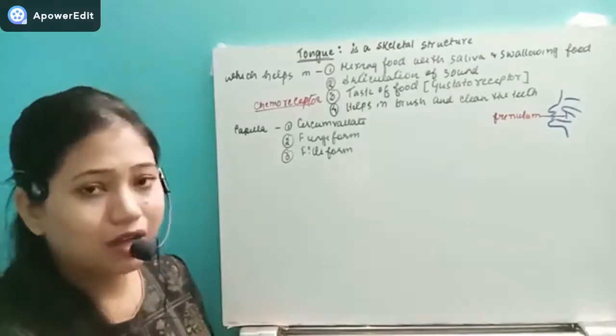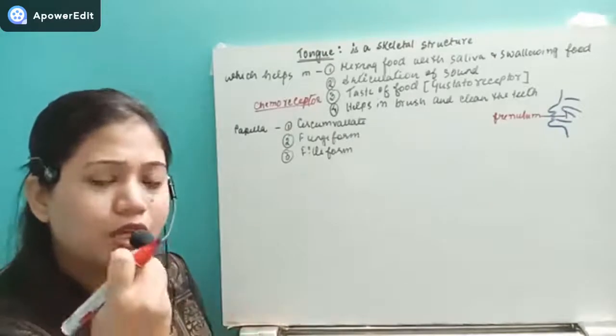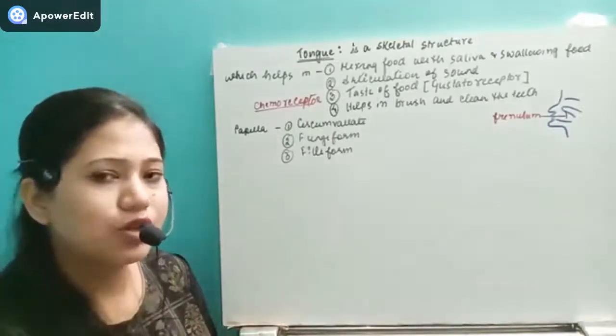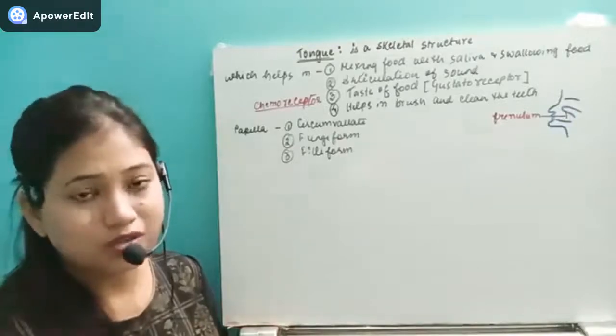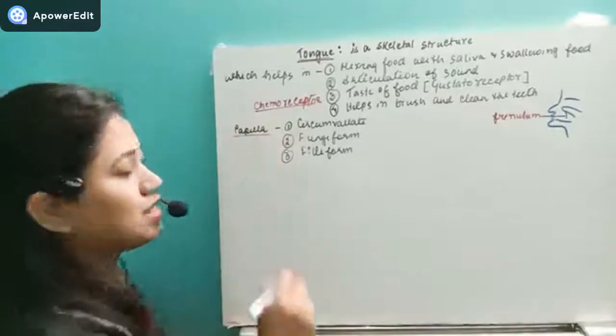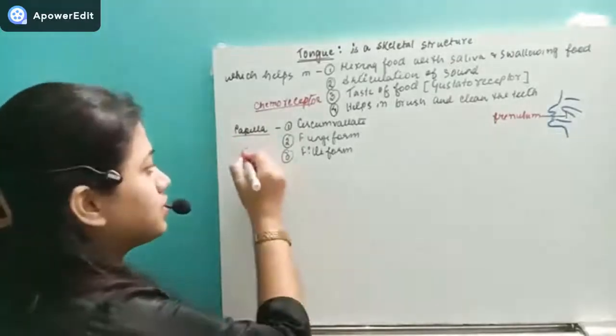Now if you see the surface of the tongue, you can see very minute, small dot-like structures. And what are these? These are known as the papillae. Suppose this is the papilla.